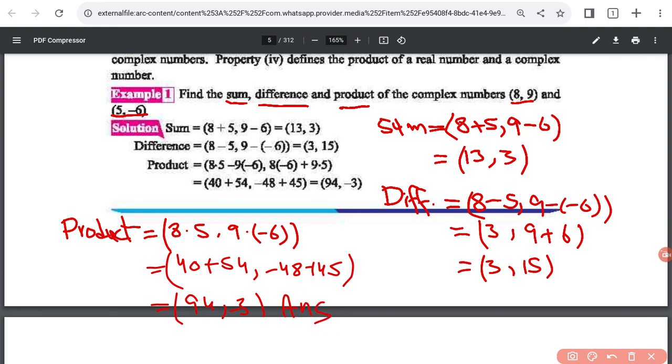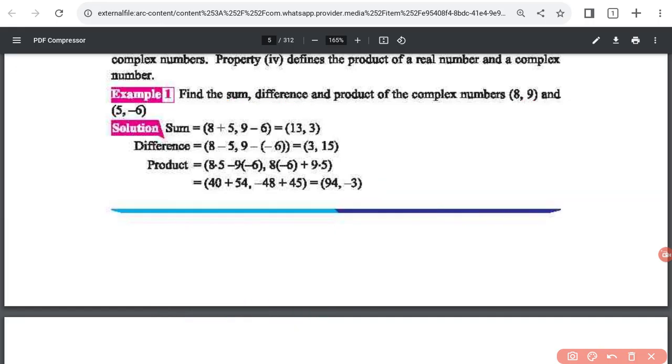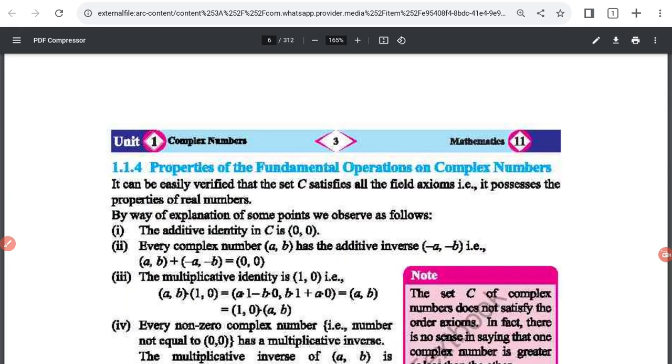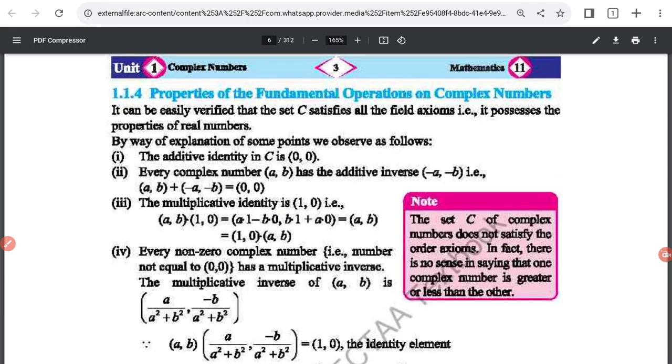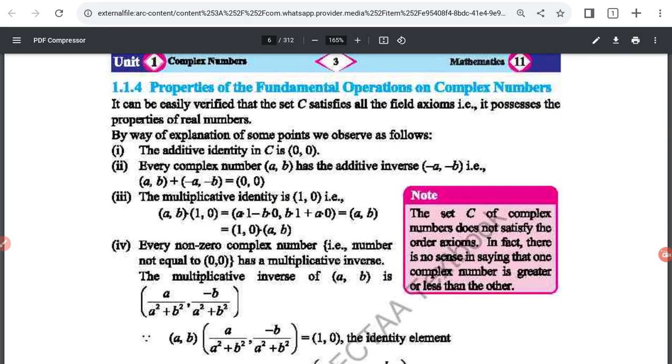So now we move towards the second topic: properties of the fundamental operations on complex numbers. Here we have the first property, the additive identity, that is (0, 0).